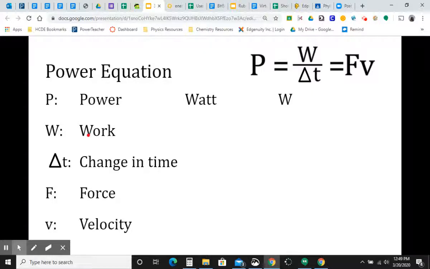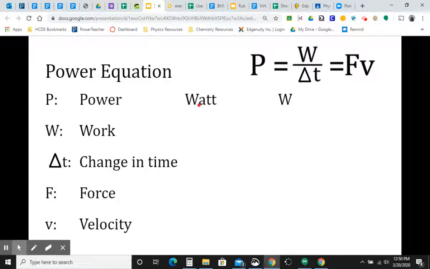So my apologies. I didn't make up the rules. I know it's kind of confusing. My tip for you is that if you see a W in an equation like this, we're talking about work. If you see a number with a capital W after it, we're talking about watts. So good luck. I believe in you, but that can be confusing.